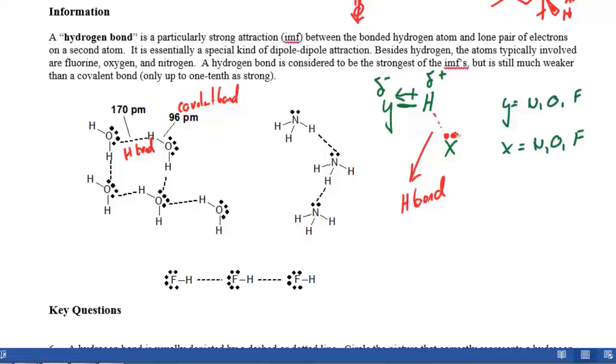So in a sense, it's almost as if that lone pair of electrons is being somewhat shared with that very delta positive hydrogen. And I guess just for completeness, we can also say that this X would be very delta negative.